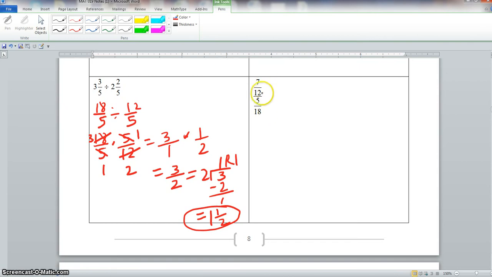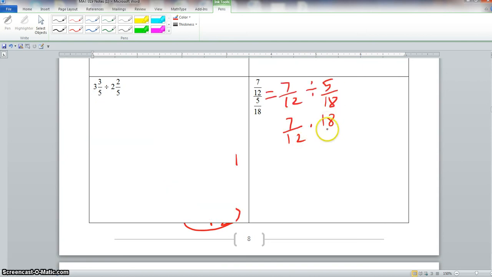Now we come here to this. This is called a complex fraction. So we need to rewrite this. This is the same as saying 7/12 divided by 5/18. So now what we would do is this. This first fraction will remain the same. Division will become multiplication, and we'll take the reciprocal of the second fraction.